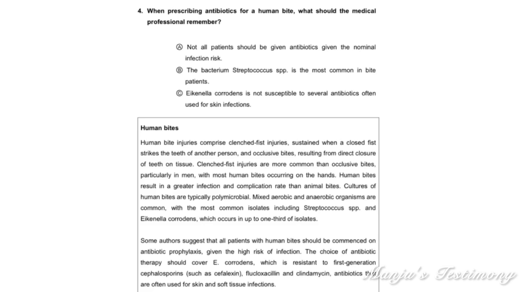So here, anyway, the answer is not option A. We can eliminate option A, but just for your understanding, I'm saying that you have to notice this: some authors suggest that all patients with this. This sentence is talking about only some authors. If a point is suggested by some authors, that is not something factual, it is not something real, this is their opinion only. The opinion can change with persons, right?